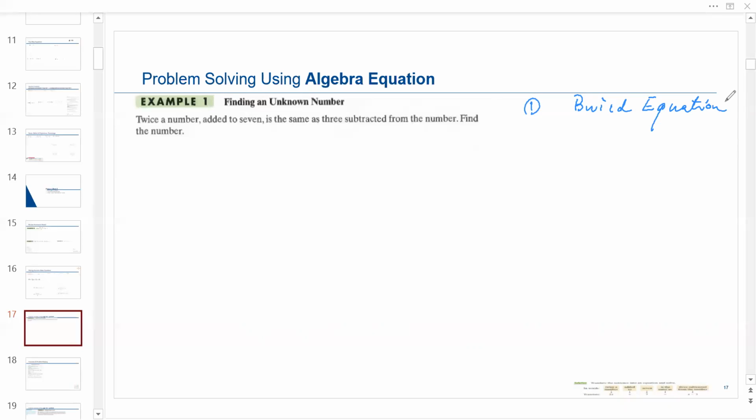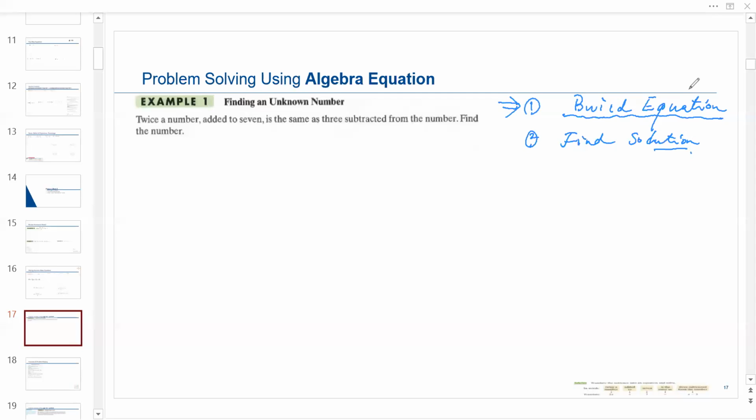But with reality problems, what do you need to do? You have to build an equation, and then find solutions using the knowledge we have learned. All right, so first build the equation. You need to use the description to build this equation.